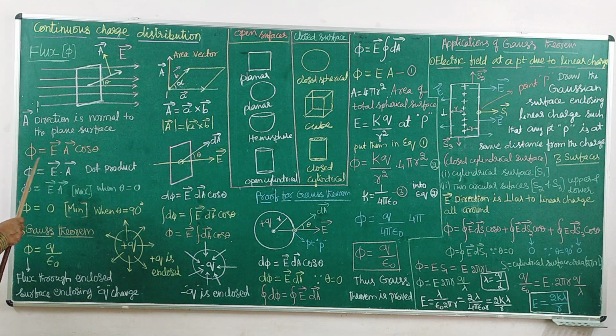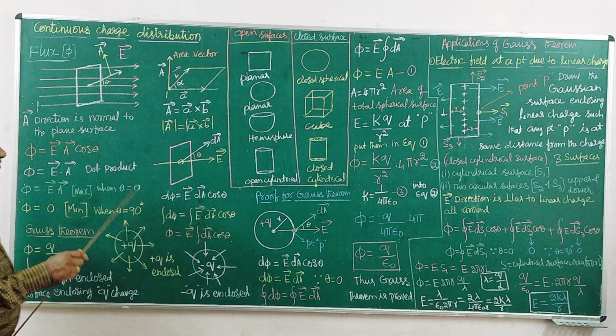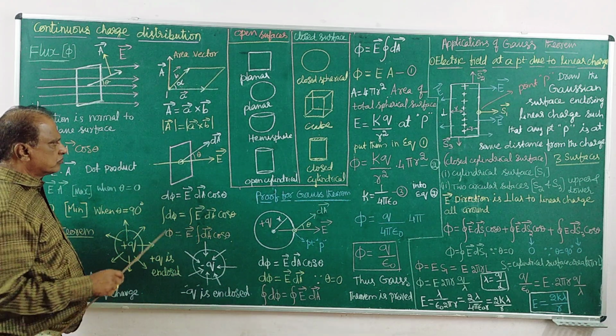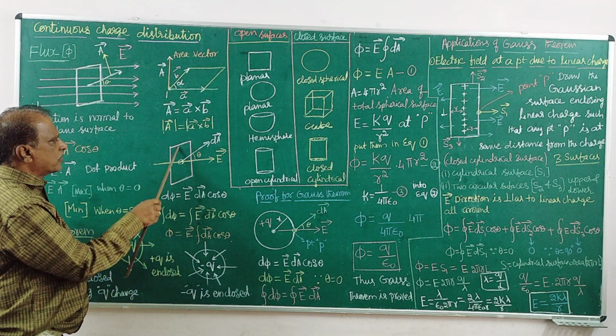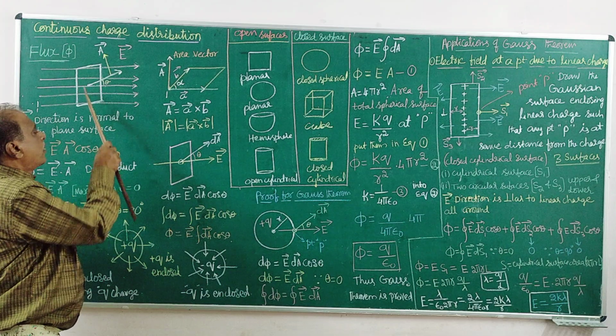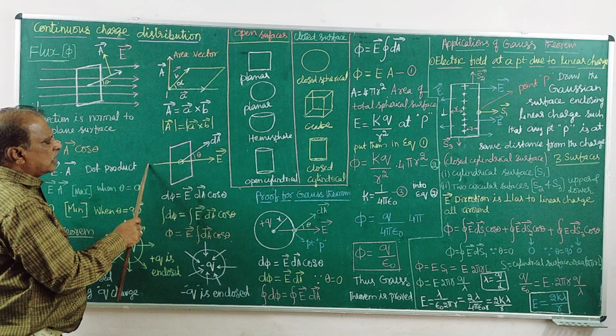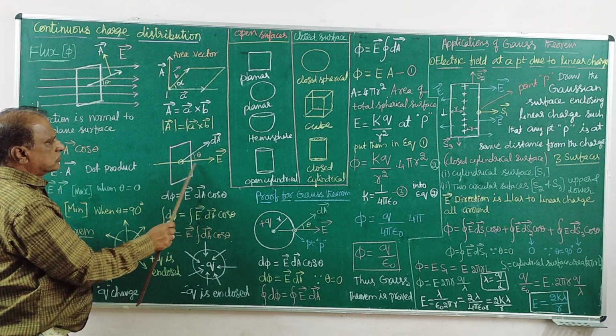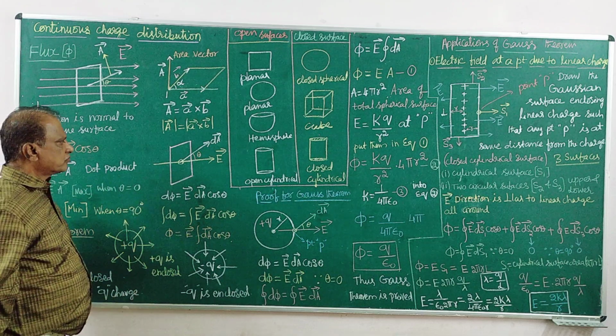The same thing can be represented in differential form, as a differential equation. We can take any point on the surface, with the electric lines of force giving the direction of the electric field.